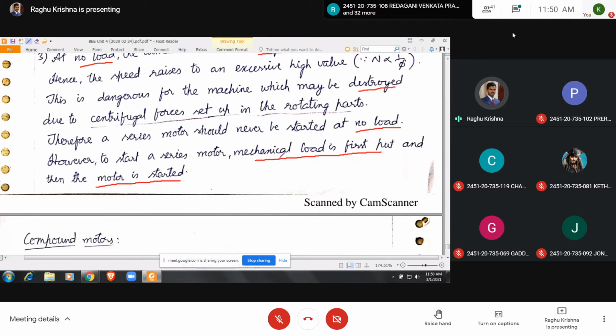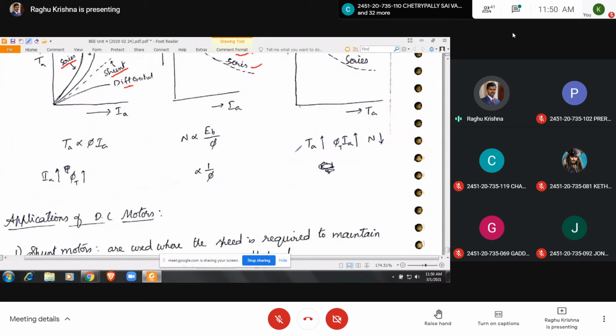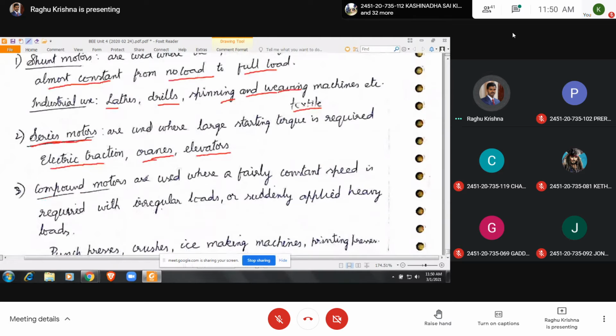This disadvantage can be overcome by using a compound motor. A compound motor is a very useful motor. It has the advantages of both series and shunt motors, and it overcomes the disadvantages of series and shunt. Compound motors are used where a fairly constant speed is required with irregular loads or suddenly applied heavy loads.